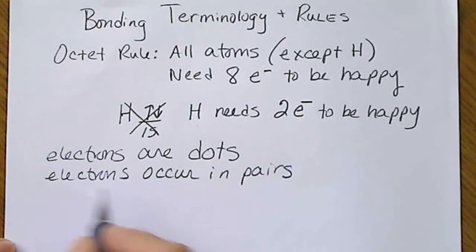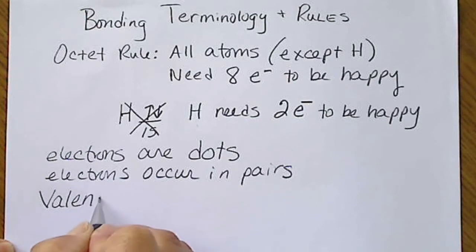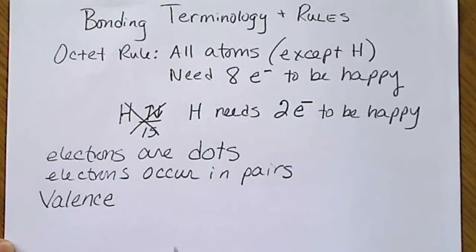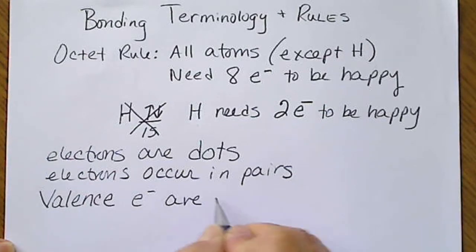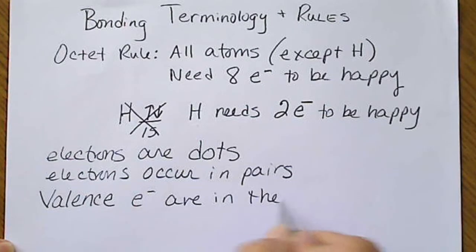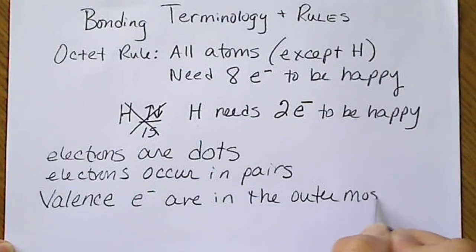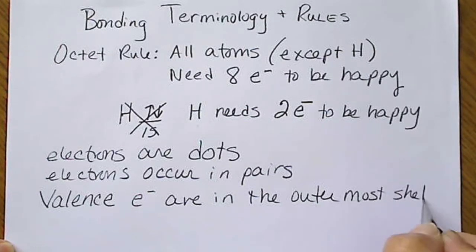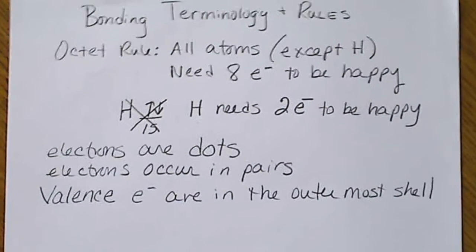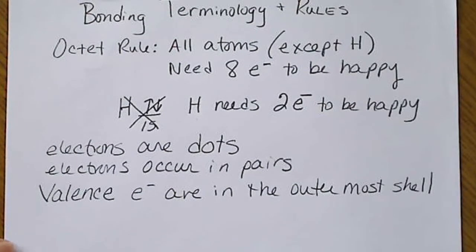Another thing we have to care about here are the valence electrons. We talked about that in chapter 9. Valence electrons are in the outermost shell. Now, if we look at the periodic table, it's going to be very easy to tell how many valence electrons there are in every atom.